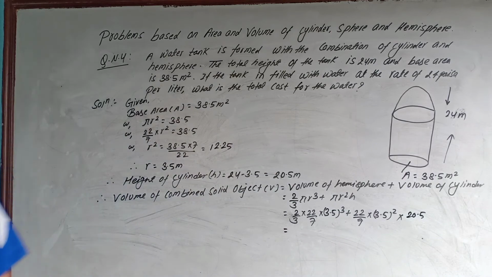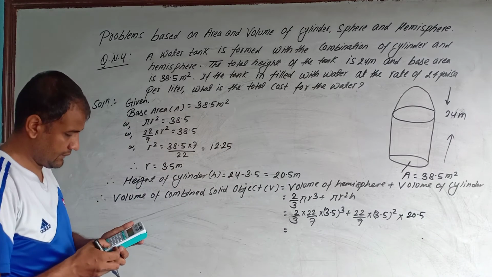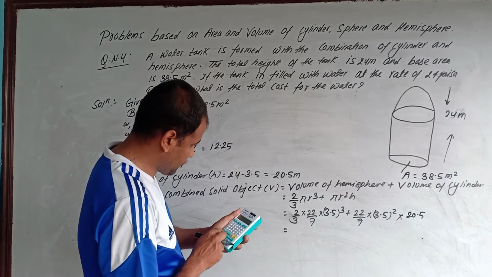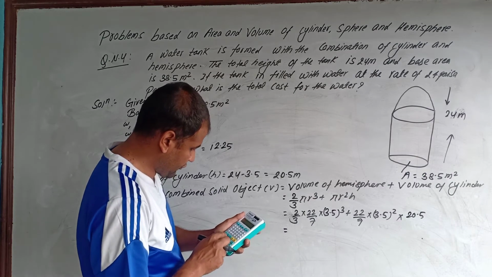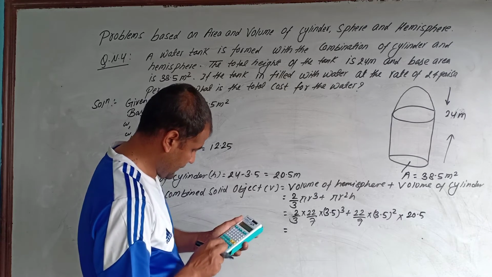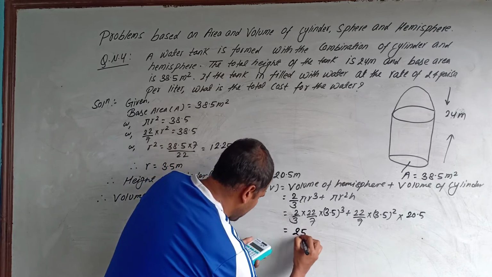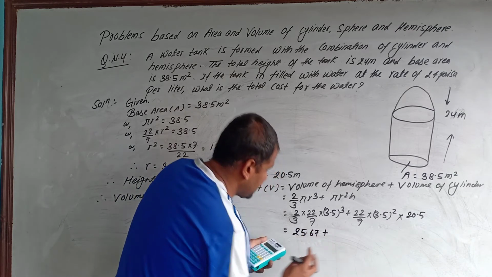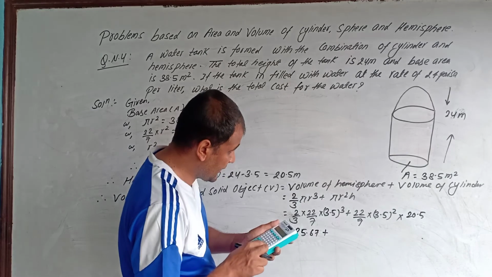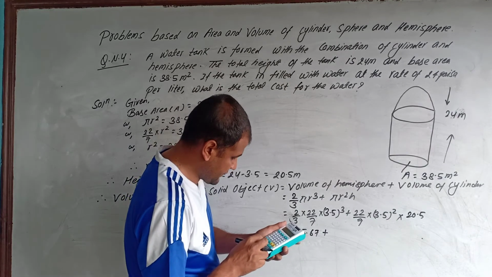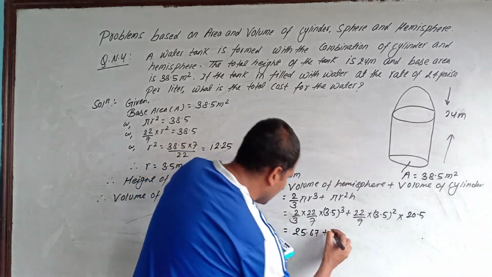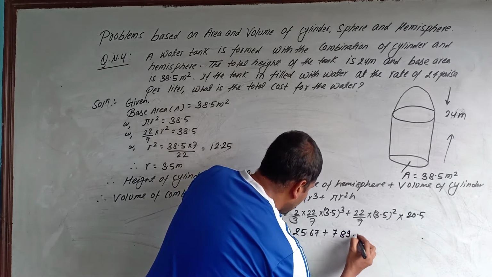So this is equal to 2 into 22, that is 44, into 3.5 to the square, divided by 21, that is equal to 25.67, plus 22 into 3.5 to the square into 20.5 divided by 7, that is equal to 789.25.